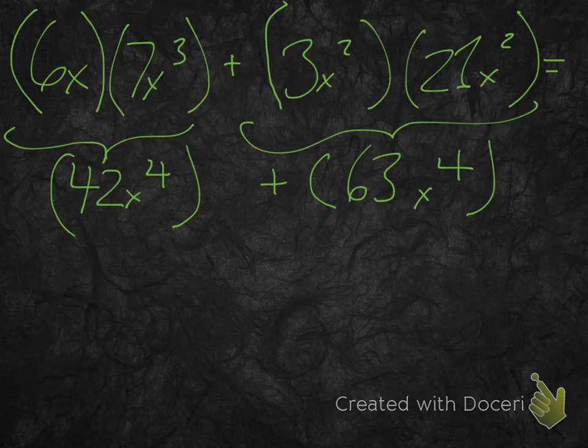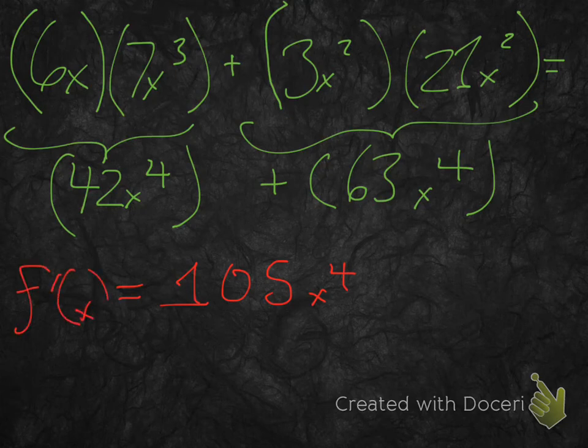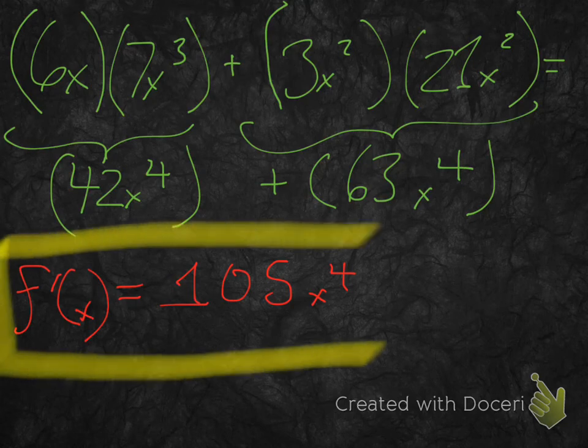So all of this is just going to equal 105x to the fourth. Hope you'll forgive me for skipping some of these more arithmetical steps. I really don't think it's necessary once we're at the point where we can do this type of math. So f'(x) is equal to 105x to the fourth. This is our final derivative, and we're done.